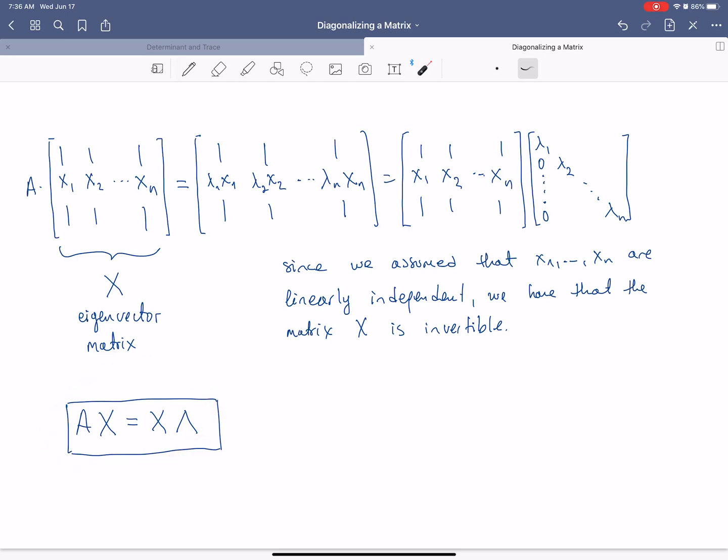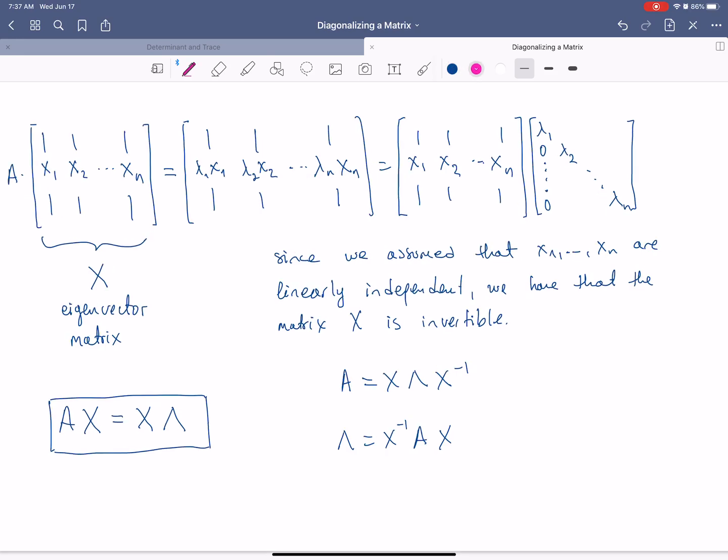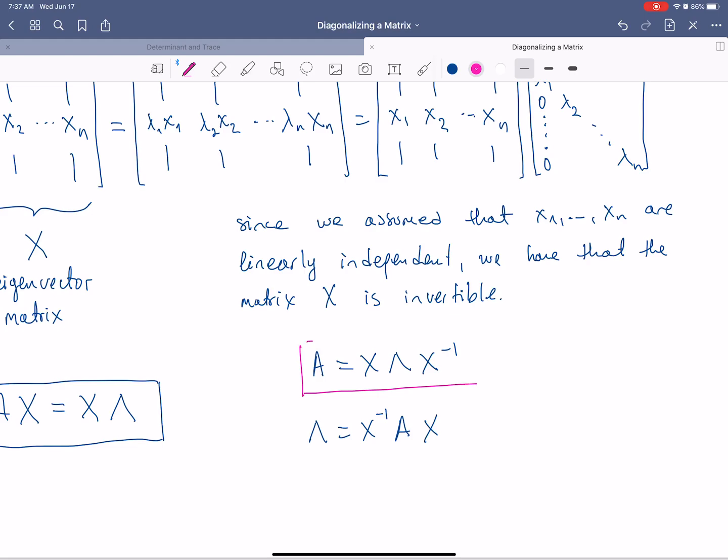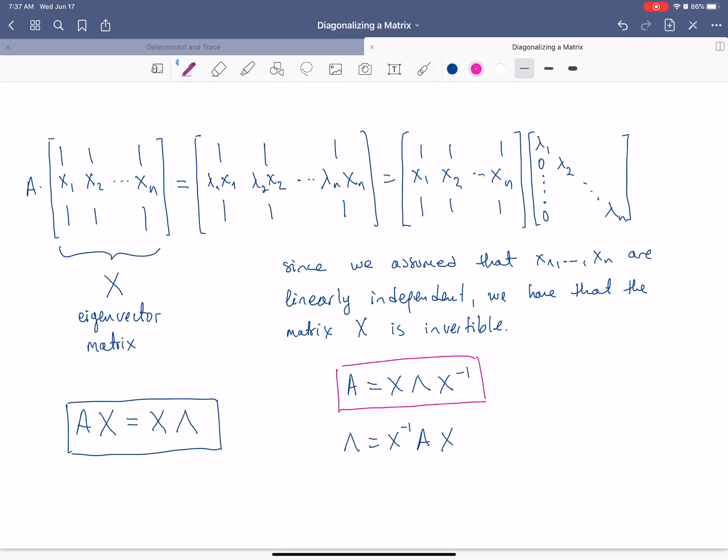I have two equivalent forms. I can write A equals X lambda X inverse. This was me multiplying by X inverse on the right-hand side. Or we can write that lambda equals X inverse AX. Both of these are equivalent equations, although this first one is what we call the diagonalization of the matrix A.